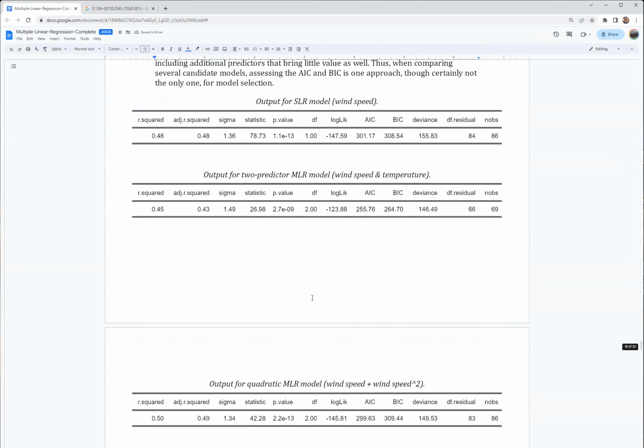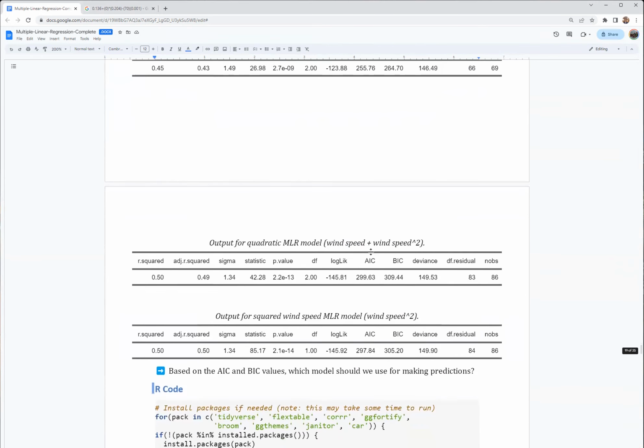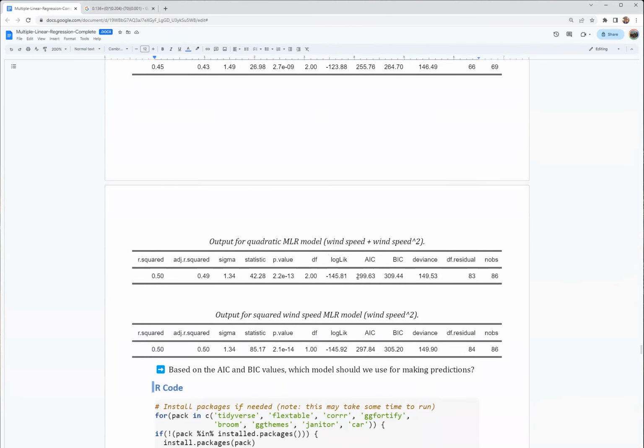Let's see what it was for the quadratic model here.